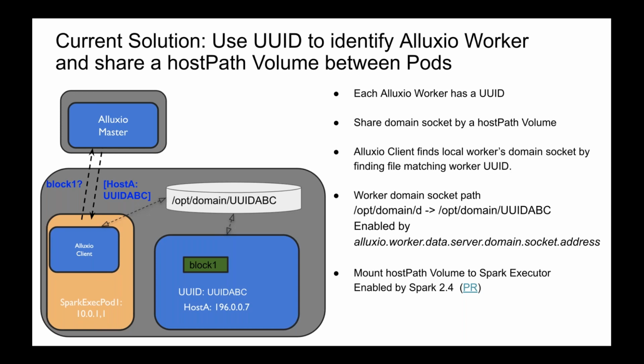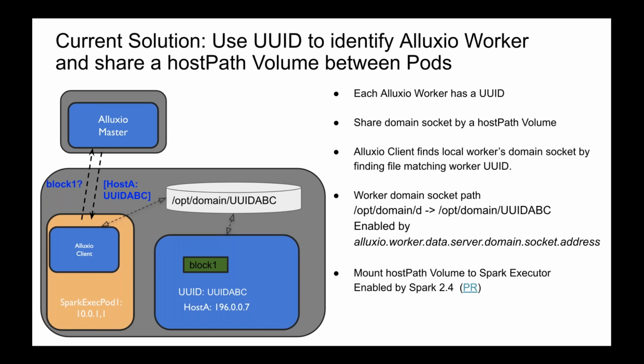Now we use a new Alluxio property to configure that Alluxio workers have UUIDs. And UUID means universally unique identifier, which is unique. Now this Alluxio worker has a UUID of, for example, UUID ABC, and in the same way, it has the host name, host A, same as the physical node.